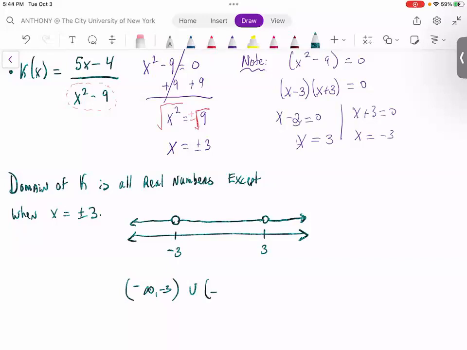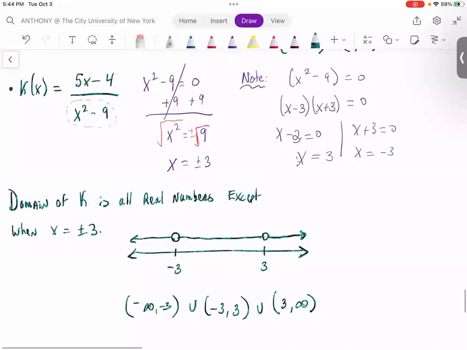That's right. Now you look at the middle, negative 3 to 3. Union. There you go. That's it. That is your function. You got a question? That's right. Not included.